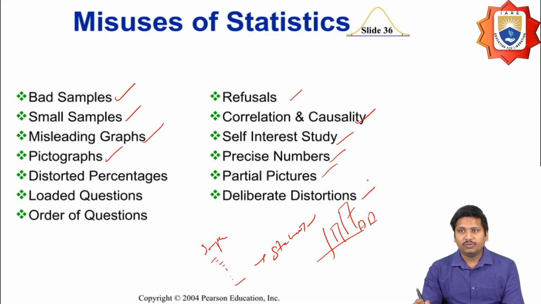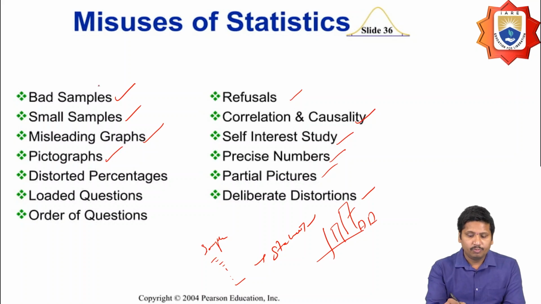So these are some of the misuses of statistics, where we are able to deliberately introduce distortions. That is also one of the problems that may arise while using statistics. And partial pictures, meaning incomplete pictures, are not easy or effective for representing data. And precise numbers, self-interested studies, and correlation and causality are some of the issues that may come up in statistics.